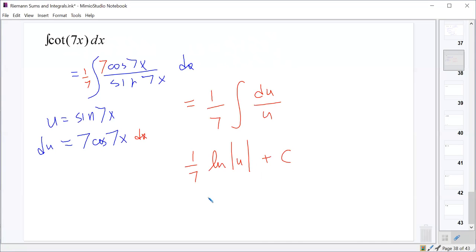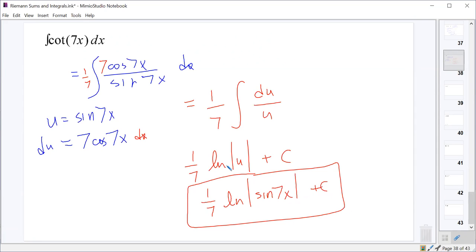And we'll just replace the u. So we got 1/7 natural log absolute value of the sine of 7x plus our constant. Everybody good with that or no? Any issues there? Everybody good?